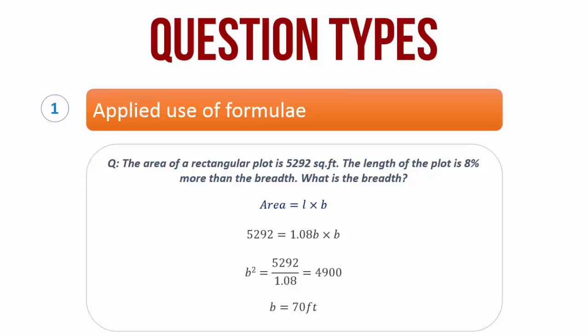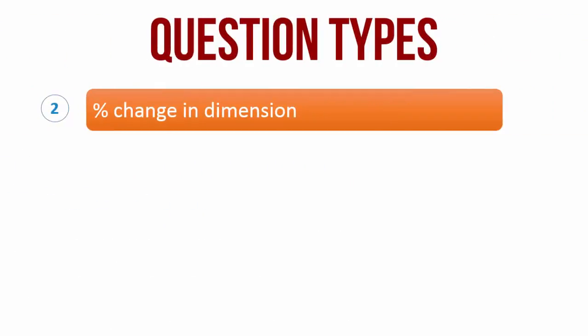Now in this kind of a question, the data is already given to you. You just have to remember the formula, substitute the values and find the answer. It's pretty straightforward.